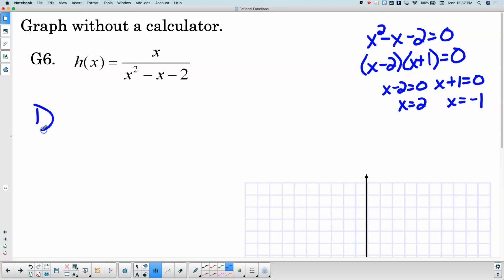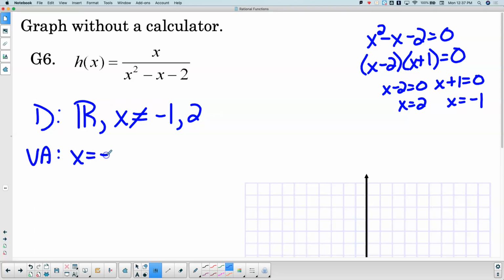So I get the domain for this one is all real numbers, but x cannot be negative 1 or positive 2. So you can use a comma then. Okay. Which tells me that I have a vertical asymptote at x equals negative 1, and I also have one at x equals 2.